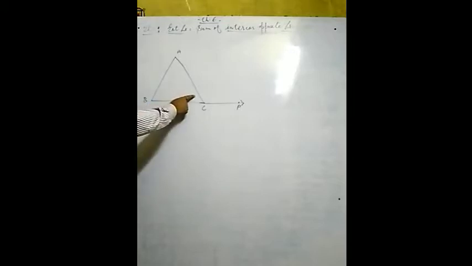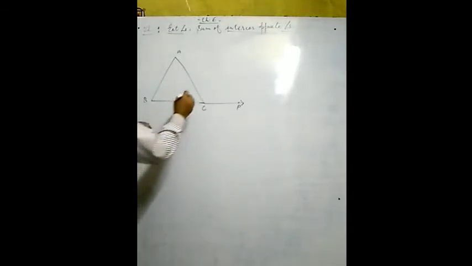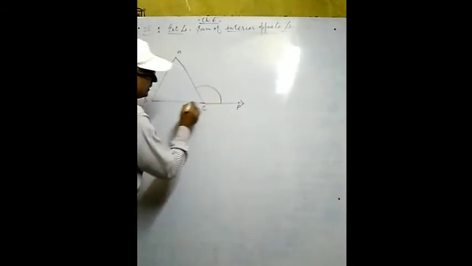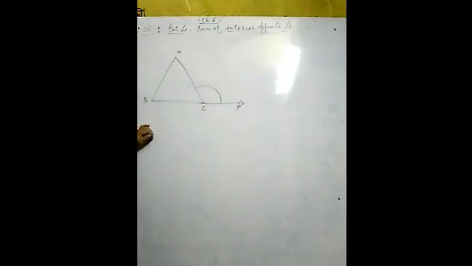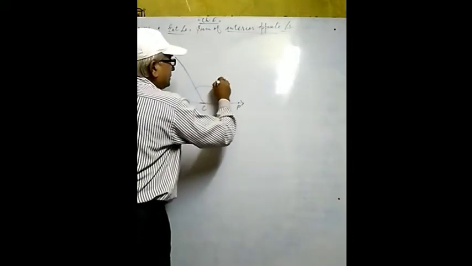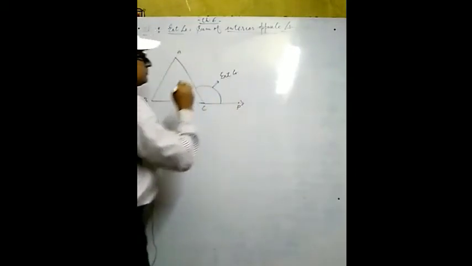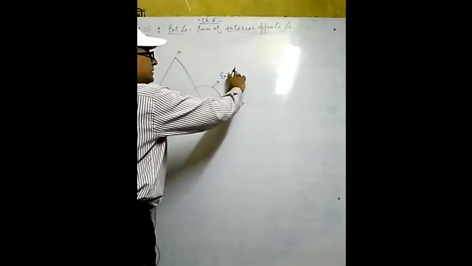So this angle is interior angle, this one is interior angle, this one is interior angle, but this angle is out of the triangle. So this angle, when an arm of the angle is extended up to P, is called an exterior angle. This one is an exterior angle.